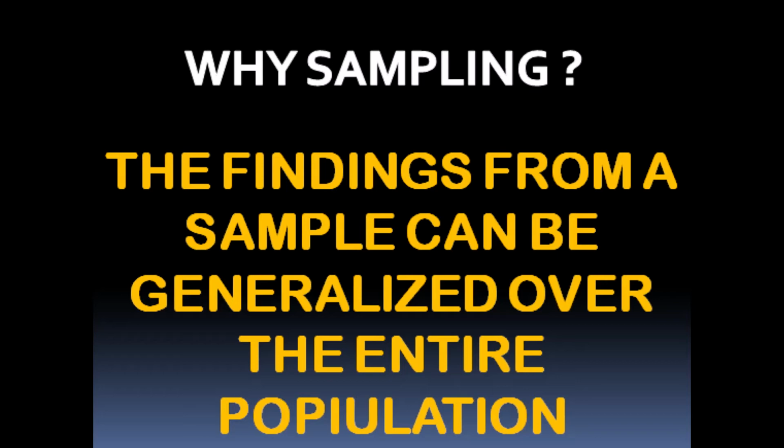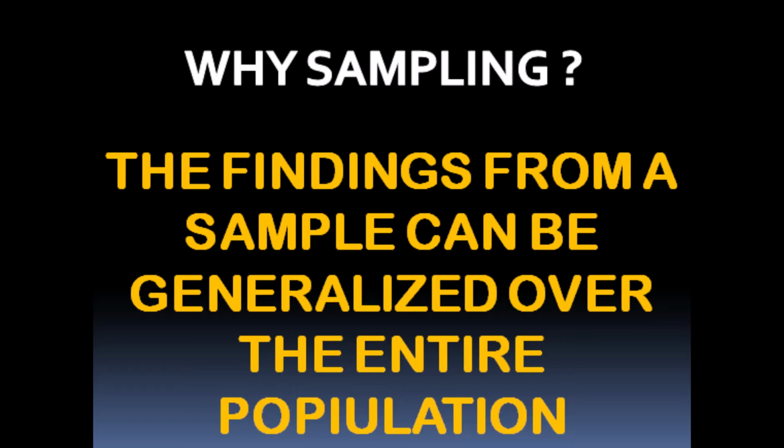One key feature or one importance of sampling is that while we rely on only a fragment, a portion of the population, we want to understand the general characteristics of the population.